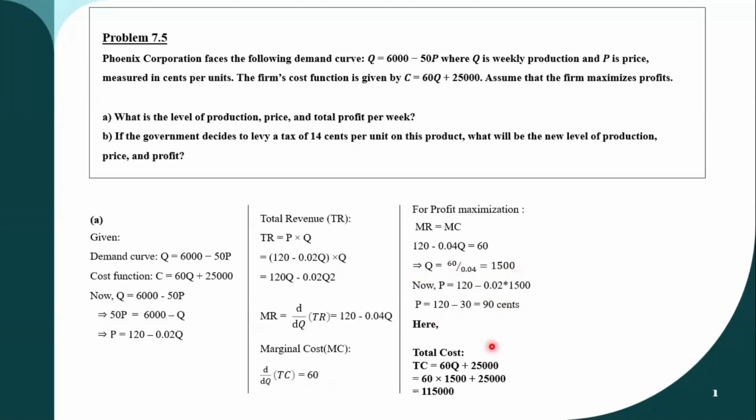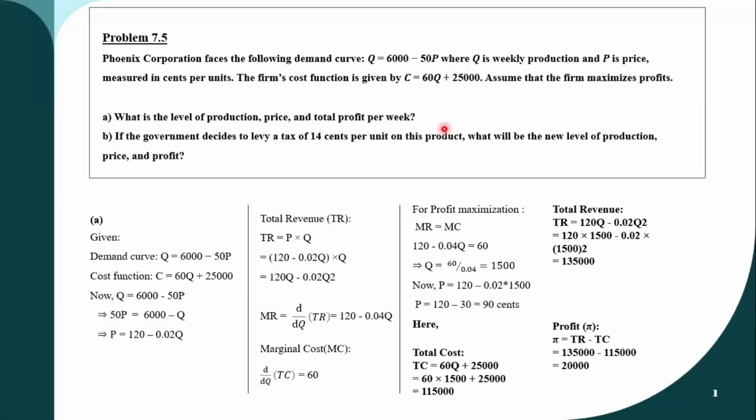So here, total cost equals 60Q plus 25,000, which is given in the question. If we put in the value, total cost TC equals 60Q plus 25,000 equals 60 into 1500 plus 25,000, where the value of Q is 1500.